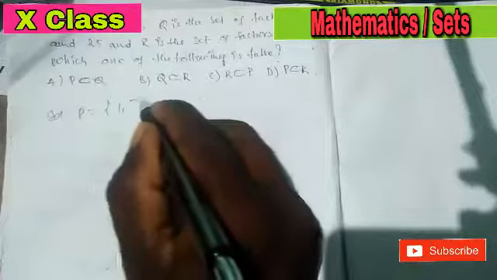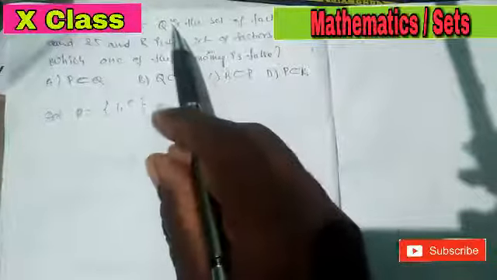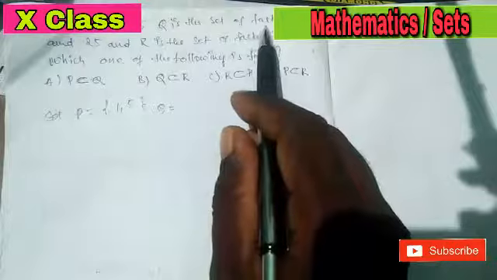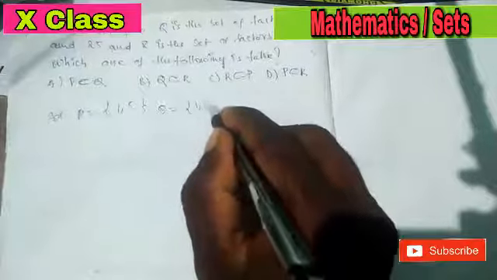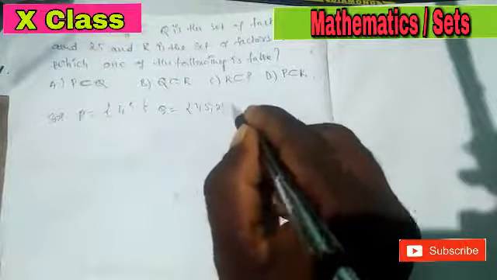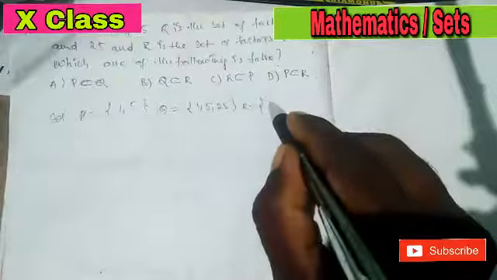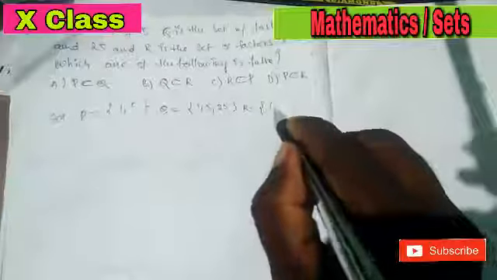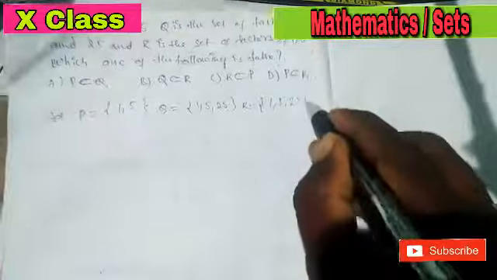1 and 5. Q is the set of factors of 25: 1, 5, 25. R is the set of factors of 125: 1, 5, 25, 125.